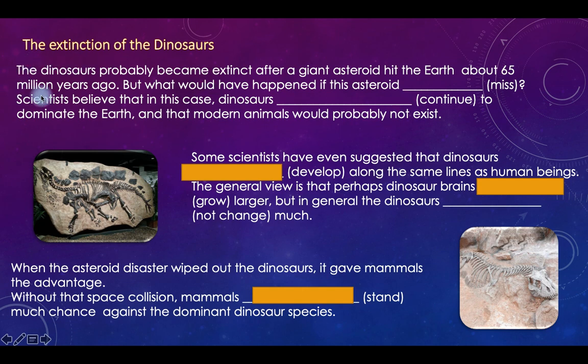Let's look at the first paragraph. The dinosaurs probably became extinct after a giant asteroid hit the Earth about 65 million years ago. But what would have happened if this asteroid had missed? Scientists believe that in this case, dinosaurs would have continued to dominate Earth and that modern animals would probably not exist.